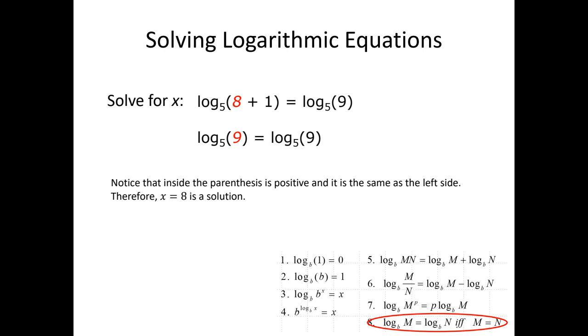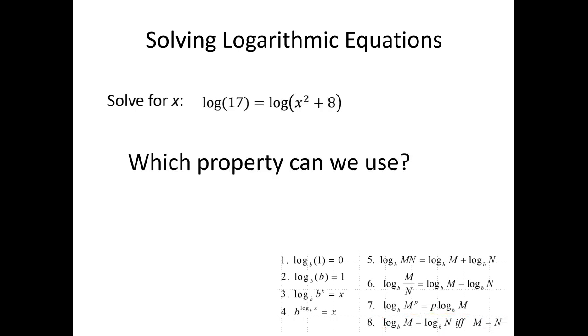All right. How about this one? What property could we use? The first thing we would ask ourselves is, what's the base of the log on the left and what's the base of the log on the right? Since they didn't write down a base, you don't see a number there for the base, we automatically know that this is base 10. That's the default. If you don't see a base, it's base 10.